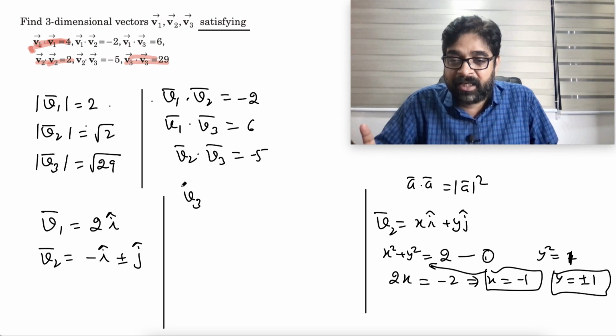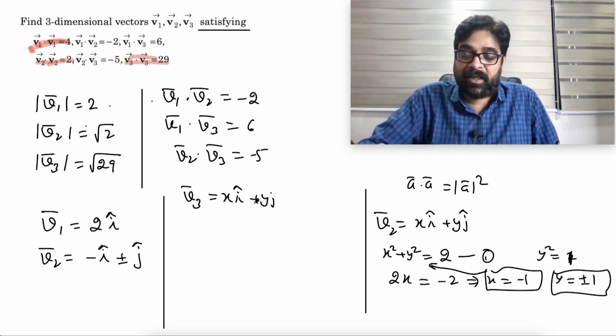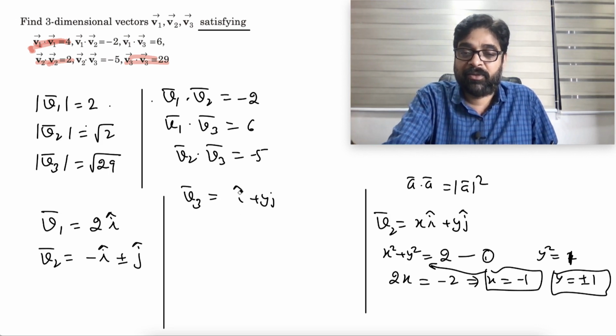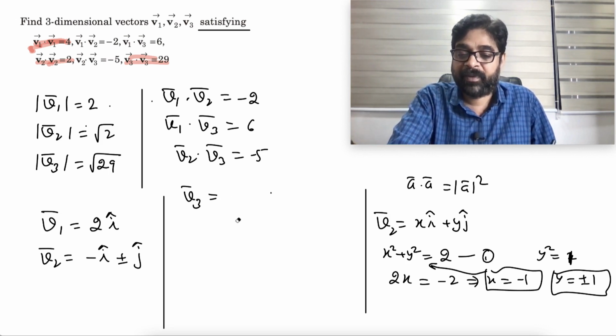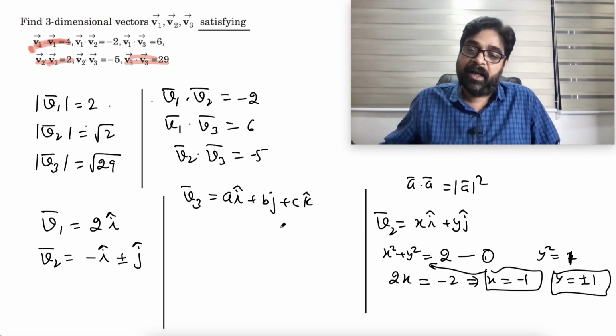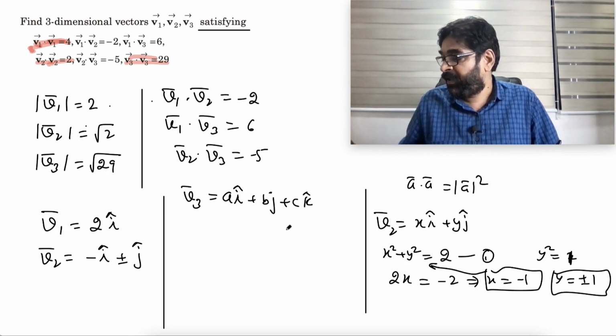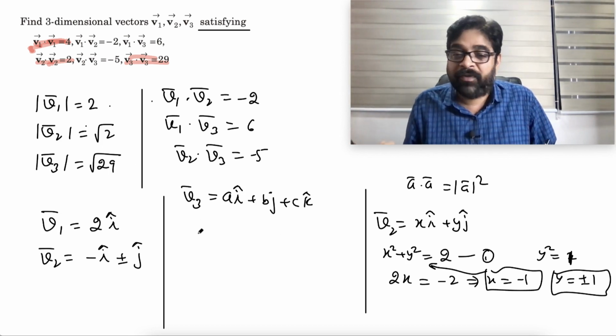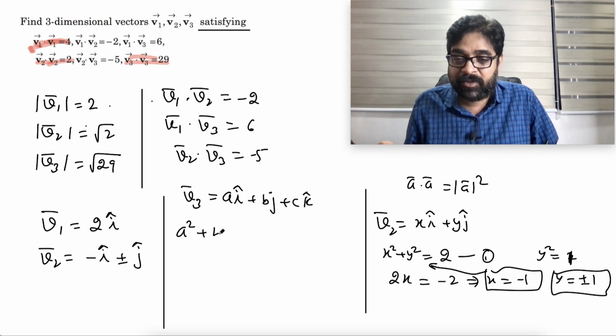V3 I am taking as xi plus yj plus zk. x and y I already took, so let's take it as a, b, c: ai plus bj plus ck. This is my V3 vector. Use mod V3 is root 29, so one piece of information: a square plus b square plus c square equal to 29.